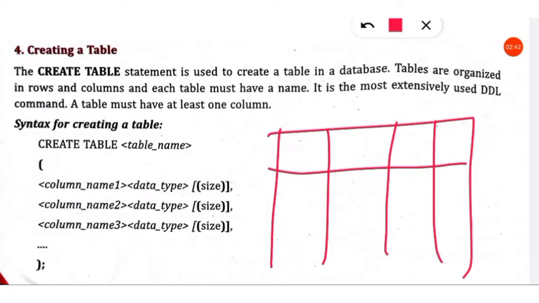If you are giving it roll number, then integer data will be stored. So the column name, then its data type, and inside the bracket of the data type, we specify the size of the data that can be stored.